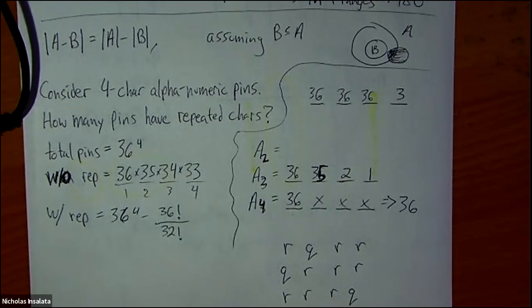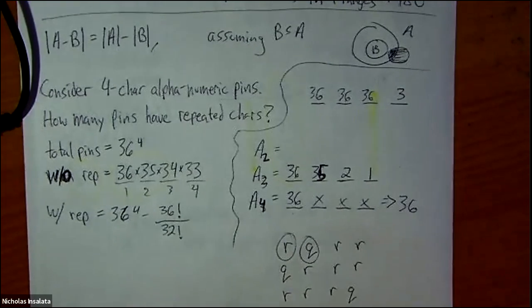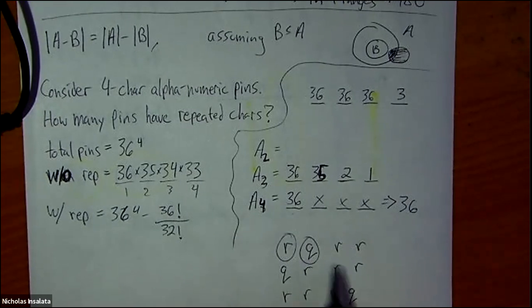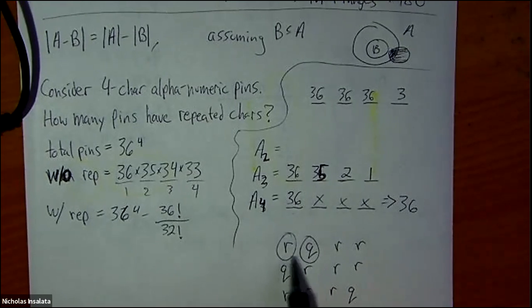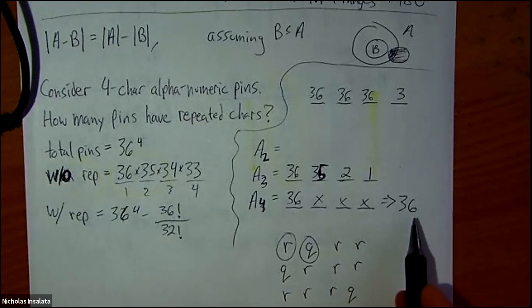Okay, so Sean, you have it all there, but let me rearrange the order of your ideas a little bit. You're going to be picking 2 characters, right? You're going to pick a Q and you're going to pick an R. You're going to pick two different things. One of them is going to be the repeated one. The other one is not, right? So in order to pick those, it has to be two different ones, because if they were the same, we would come out with all four of them the same, and we've already accounted for those.